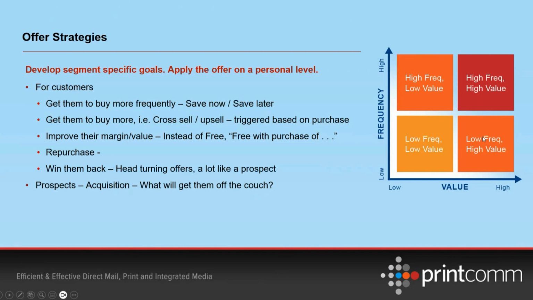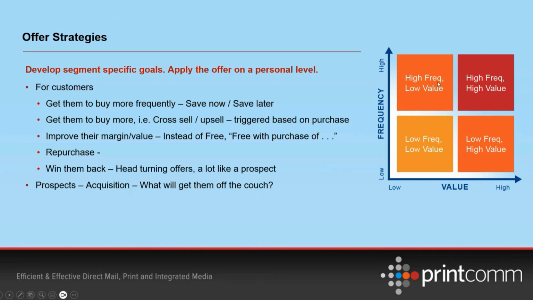A strategy I've seen used with exceptionally good results, and with postage cost being what it is, it's a no-duds strategy, is a save now, save later. You send a piece out, it's got 2 coupons. One gets used now, one gets used next period, whenever that is, next month. And you get people to buy more frequently.